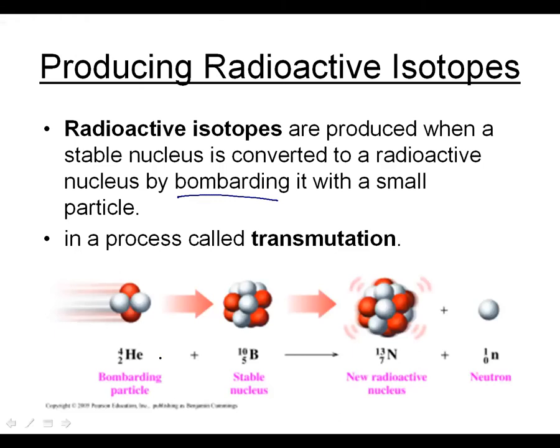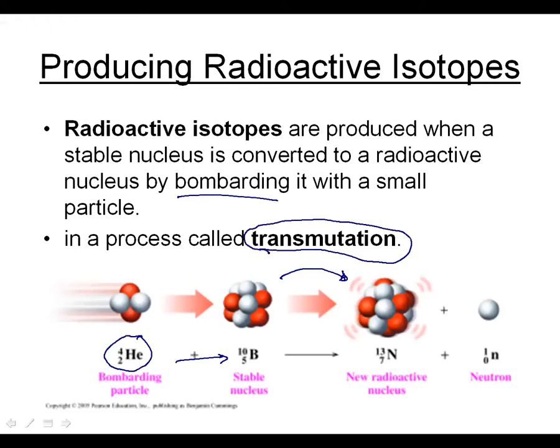And in this case, as you can see here, we're shooting an alpha particle over here at this boron. This boron's unstable now after you hit it with that, and it will then produce a new nucleus. This process where you shoot a radioactive particle at a stable nucleus to produce a new radioactive nucleus is referred to as transmutation.